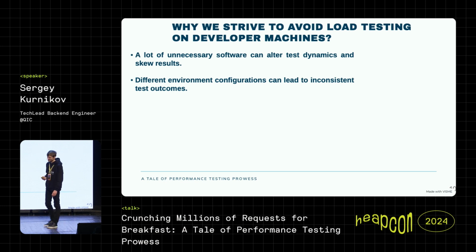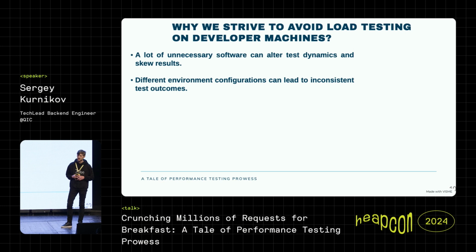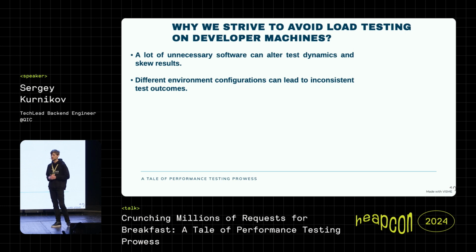Yes, one little story about testing on developer machines. Of course, the main problem is unnecessary software which influences your results and test dynamics. And the second problem, maybe the most important, is environment: different environments between prod version and developers' testing.